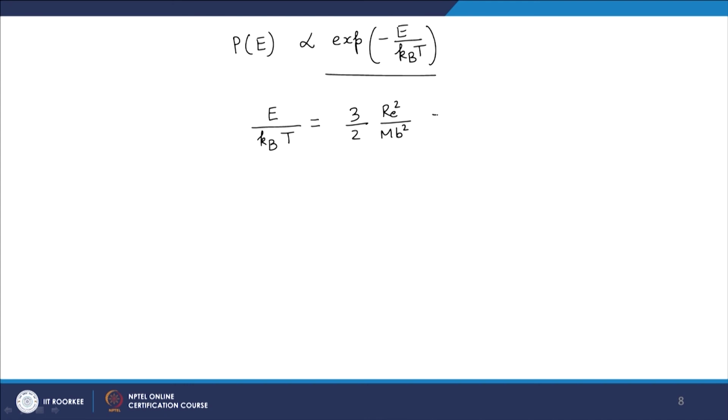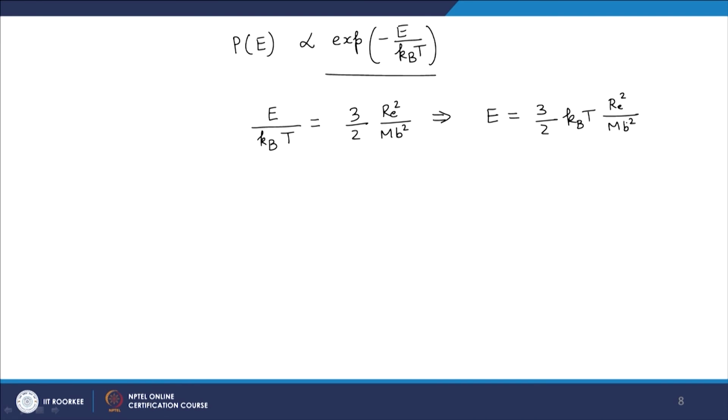And so I can associate an energy E with my polymer chain having an end-to-end distance R_e as something like this.